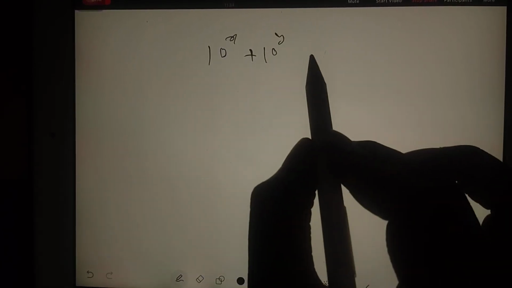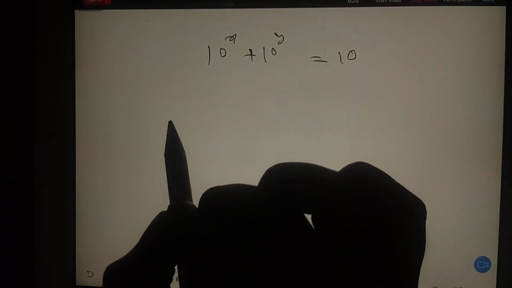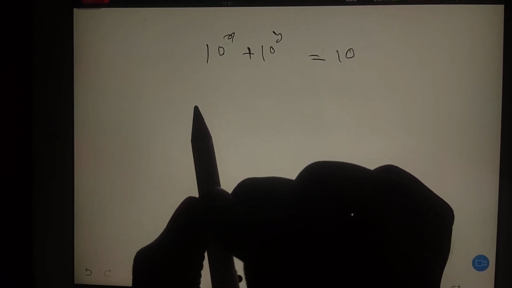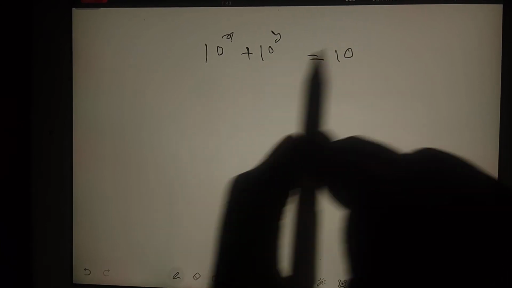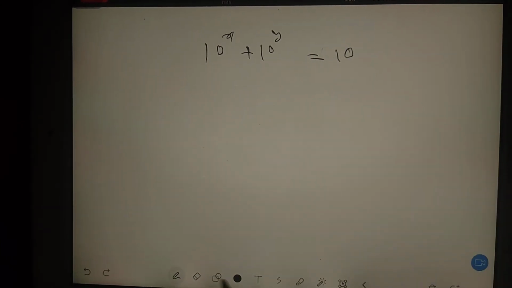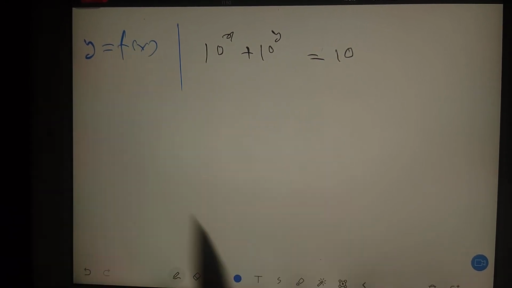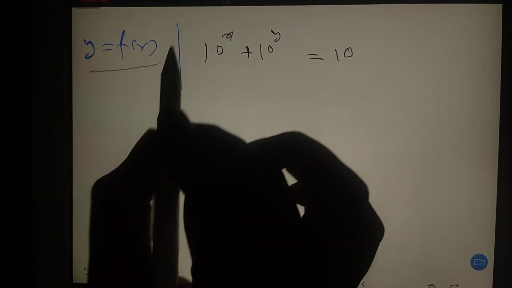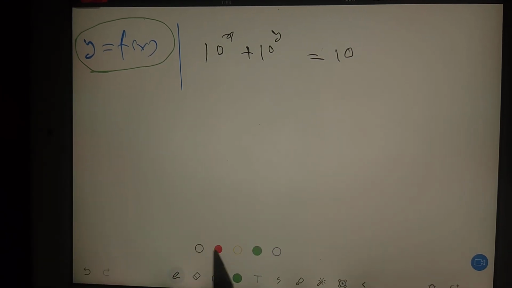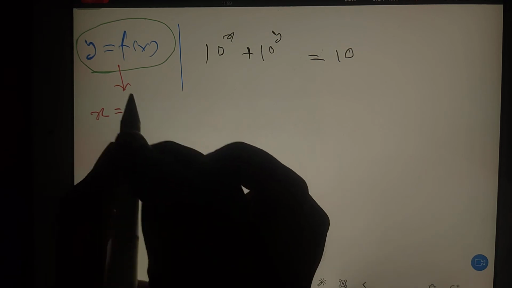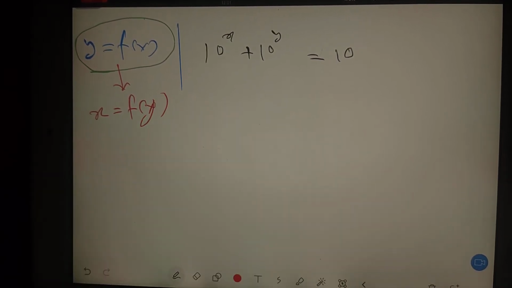Very interesting problem. Suppose I am given 10^x + 10^y = 10. In this you don't have a proper function. It is like an equation, but I will mention here that my function is y = f(x), because if I don't mention it, some other intelligent student can say that, sir, I have considered x = f(y) as my function.